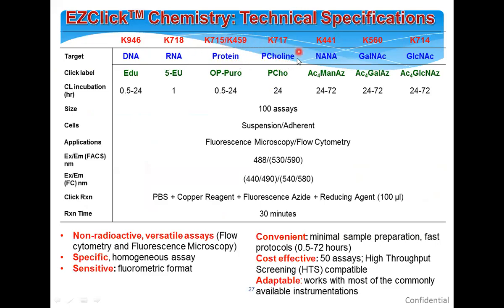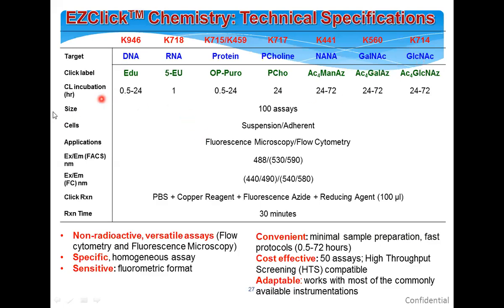I think one is plate based, that's why there are 2 different kits. And I think one is red, one is green. Otherwise, mostly it's green. We have phospholipids for studying phospholipids using choline as the label, PCHO. We have kits for studying sialic acid or the modified glycoproteins.